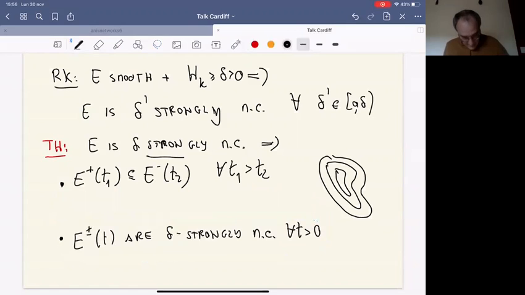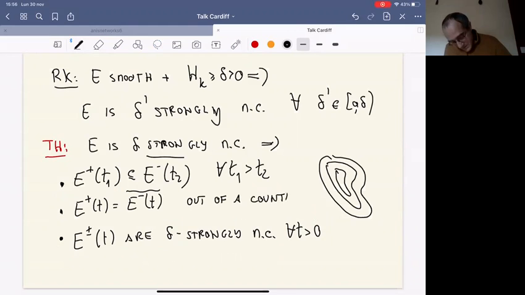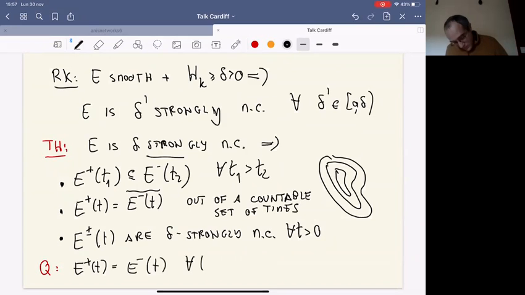For almost every time, in fact for every time outside of a countable set, we have that E plus of t equals E minus of t. And of course, here there is a question which we don't know, but I think it's always true, and it's true for the usual mean curvature, that E plus of t equals E minus of t for all t.